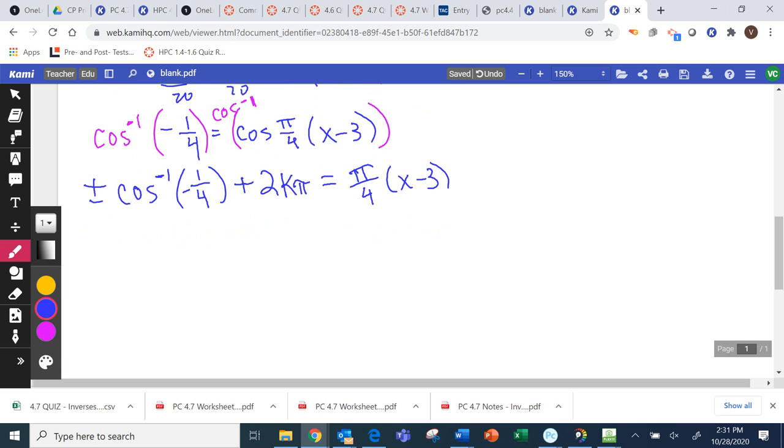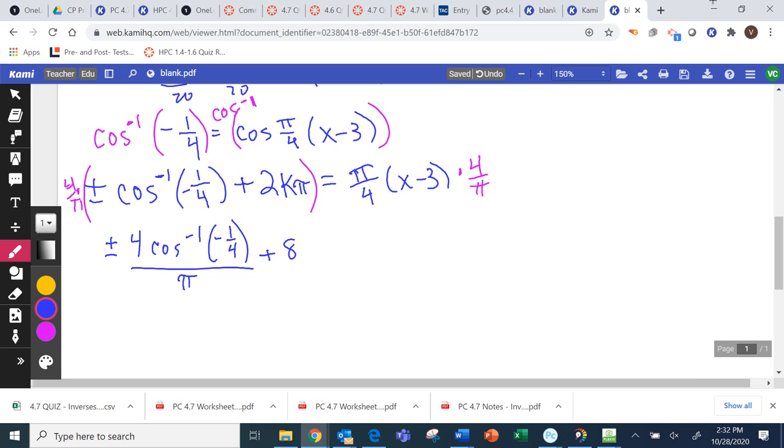So I'm going to multiply both sides by 4 over pi, and then add that 3.